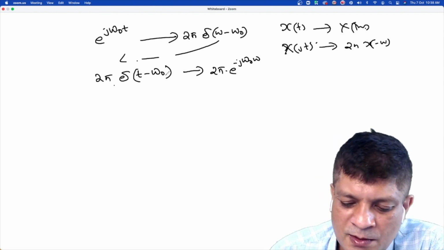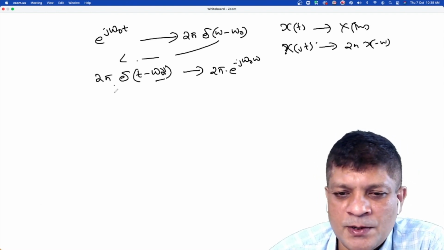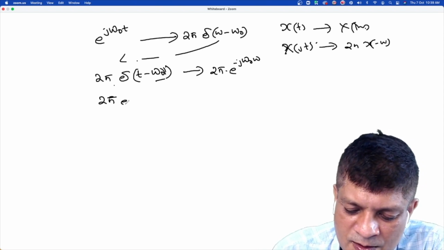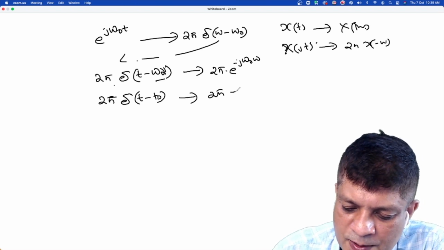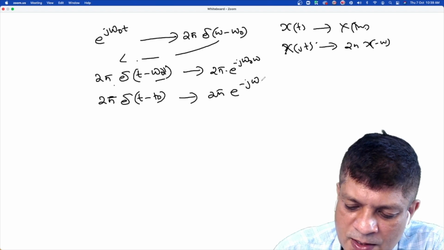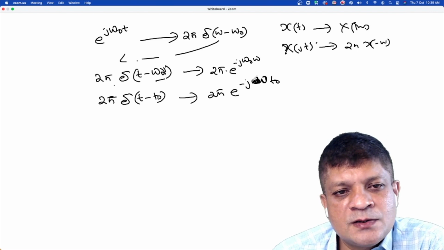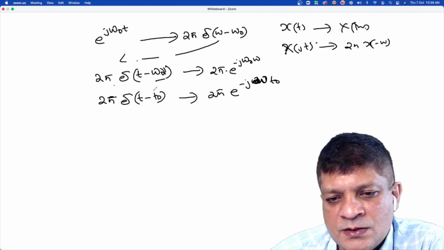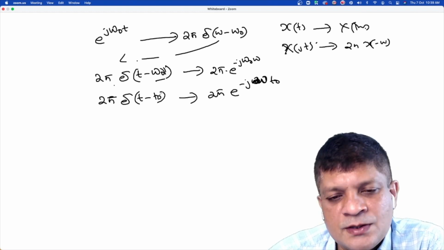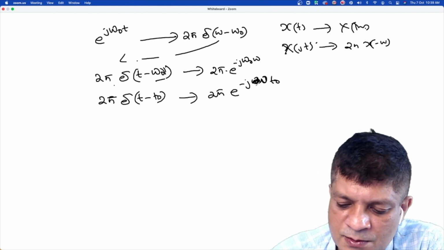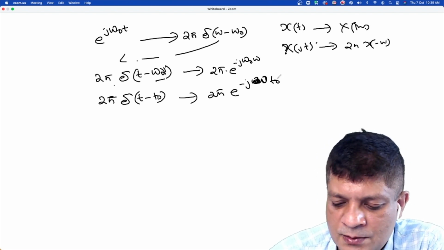Okay. So here it is a constant in the time domain. Can we write it like this: 2 pi delta(t minus t naught), that is 2 pi e to the power minus j omega t naught? That constant I am changing to t naught because now it is a constant in the time domain. So it is better to write it as t minus t naught, and here it is e to the power minus j omega t naught.